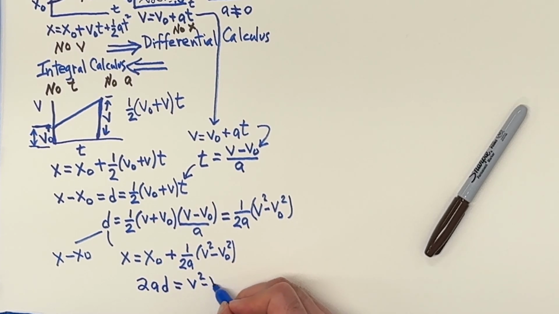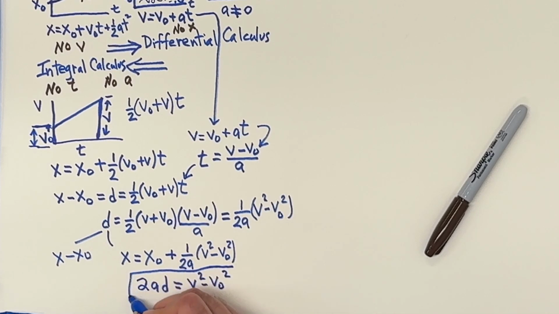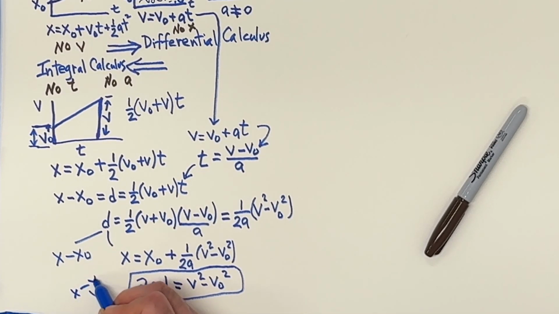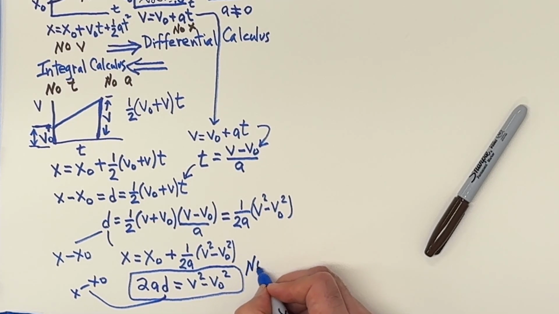And if you disagree with me, you could always put back for the d, x minus x naught, but you would put it in here. This looks kind of nice. There's like no denominators. I think that's clean. So there you have it. No t for that one.